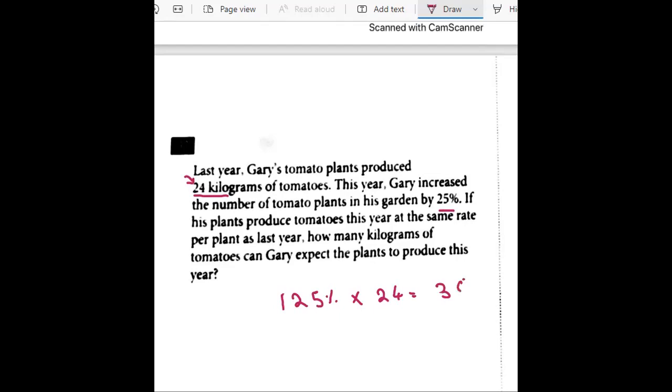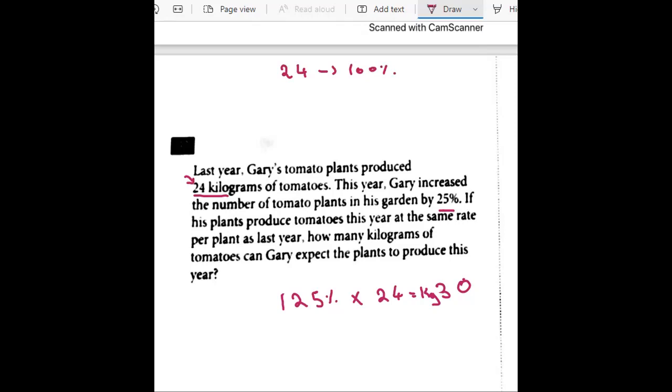And the concept is that since last year he had 24, let's write it this way. 24 refers to, let's say, 100%, okay? And now he's saying that he planted 25% more.